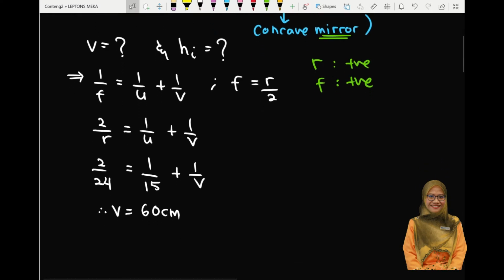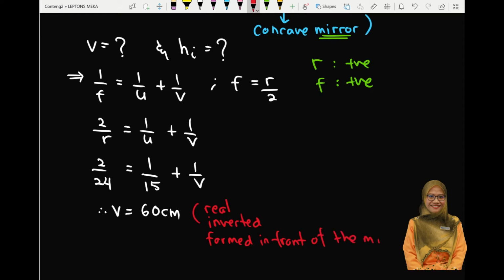So this positive value of image distance stands for a real image, inverted, and formed in front of the mirror.